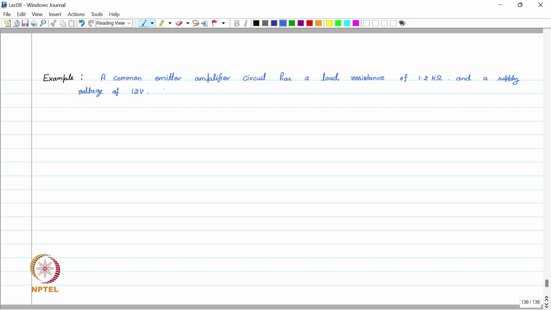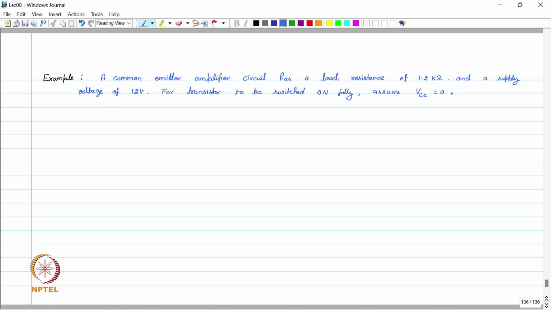For the transistor to be switched on completely, assume collector to emitter voltage or VCE equal to 0.